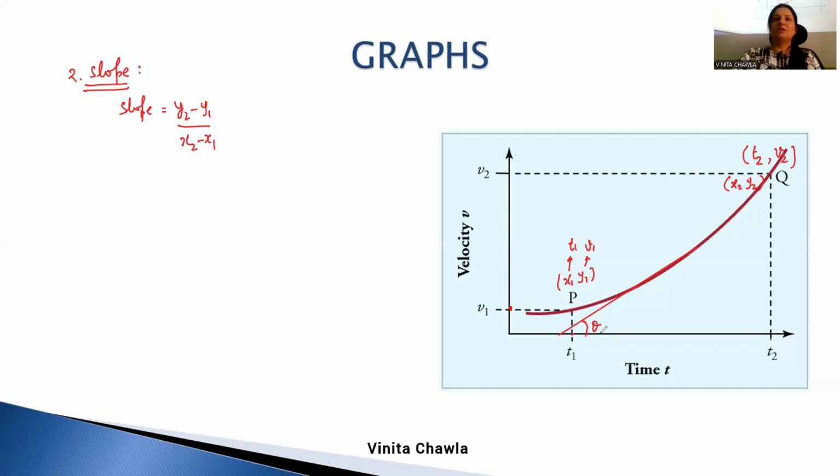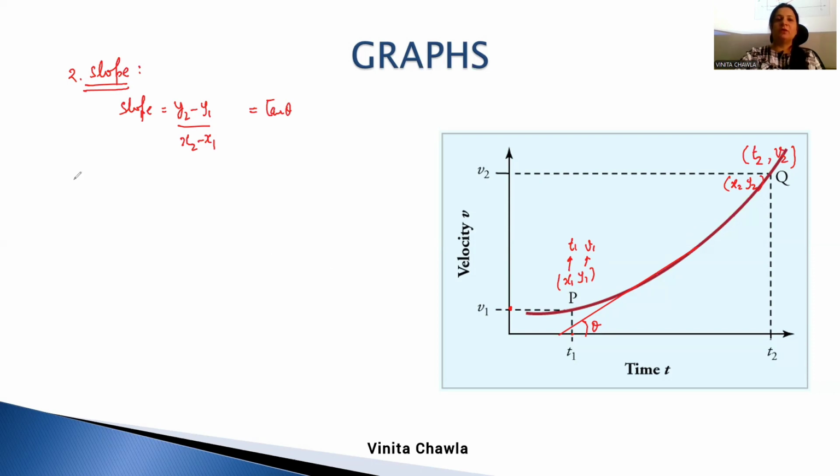Tangent of this angle gives the slope. We'll do trigonometry in class 10, then you'll get to know in a better way. So slope can also be found out using this. It is equal to tan theta. So we can either find tangent of this angle or we can use this formula for finding slope.